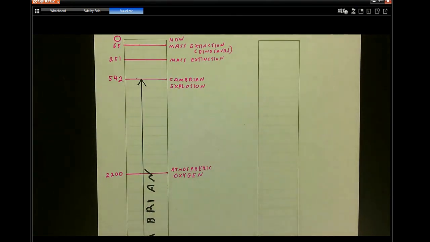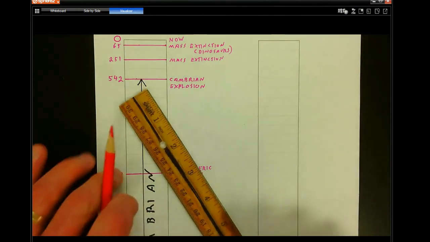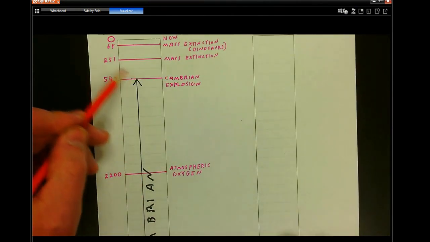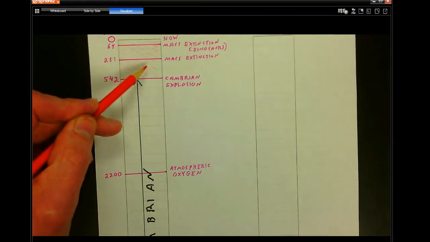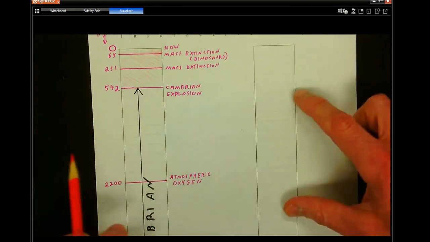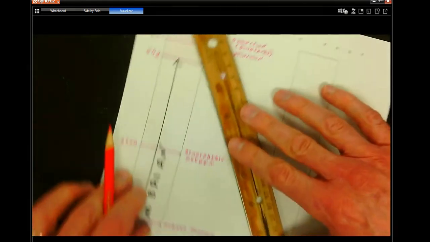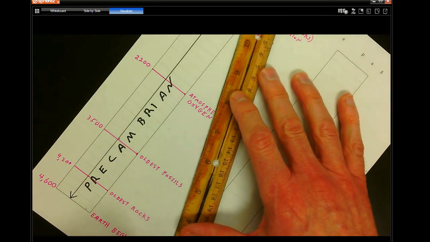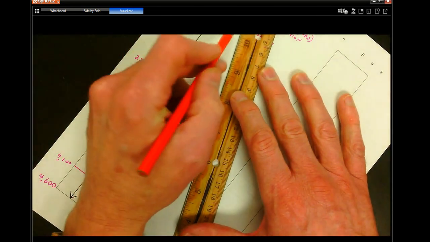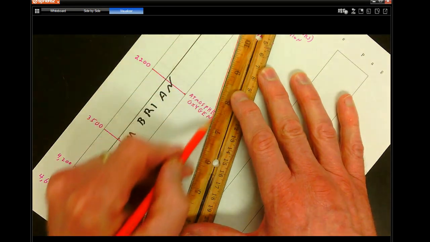I'm going to say anything that was in this area here, we're going to extend this to the same size over here. I'm going to draw a line from the Cambrian explosion down to the bottom of this other timeline.